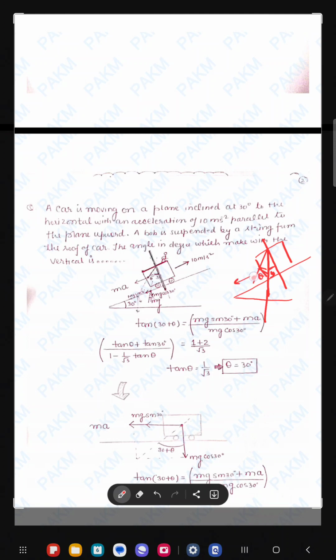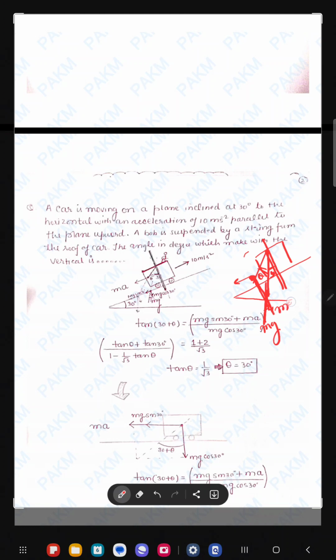So once you resolve, here we can say this is mg, and here mg, because the angle remains the same. These two lines are parallel, so whatever angle it forms is theta.